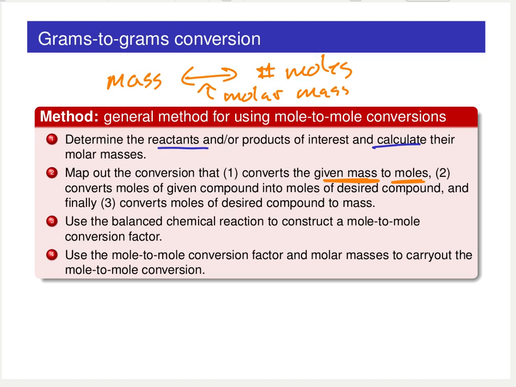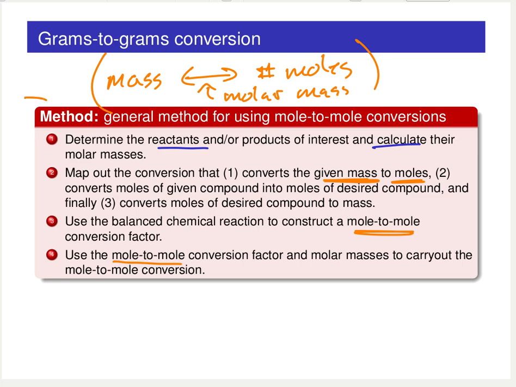Once again, using a molar mass conversion factor. Okay, so this mole-to-mole conversion factor will be built up just as before using that balanced chemical reaction equation, right? But then you basically have two additional conversions involving the molar mass of the two reactants or products of interest that add to that conversion in order to get your final result.